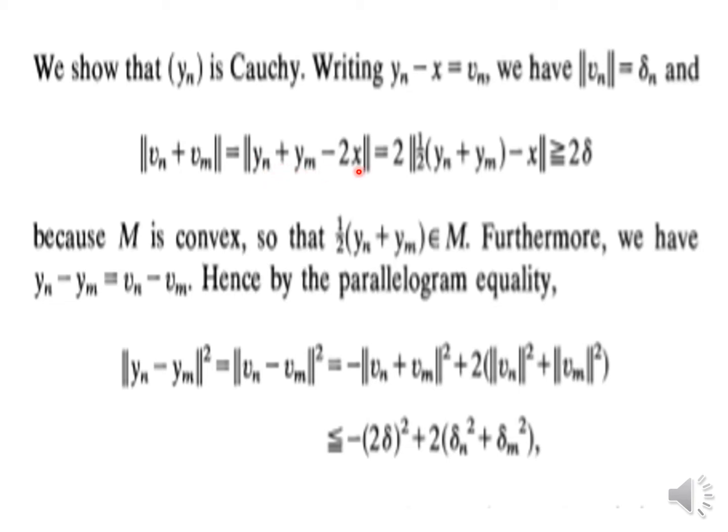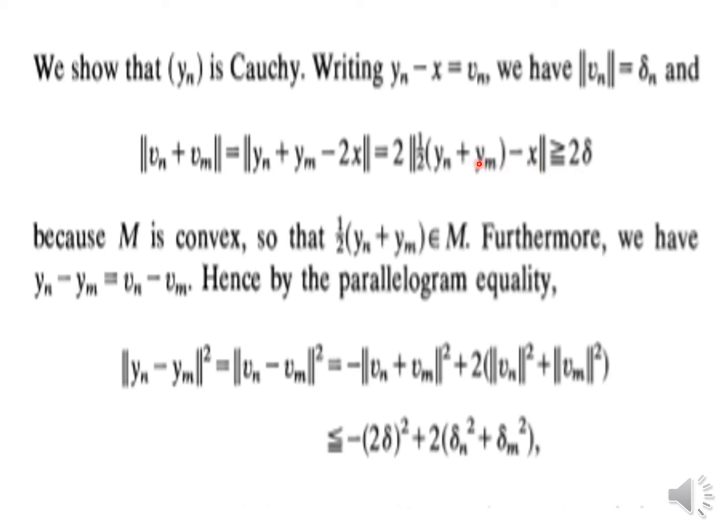The norm of Vn plus Vm is equal to the norm of yn plus ym minus 2x, since Vn is yn minus x and Vm is ym minus x. This equals 2 times the norm of 1/2 (yn plus ym) minus x, taking 2 common, and this is greater than or equal to 2 delta.